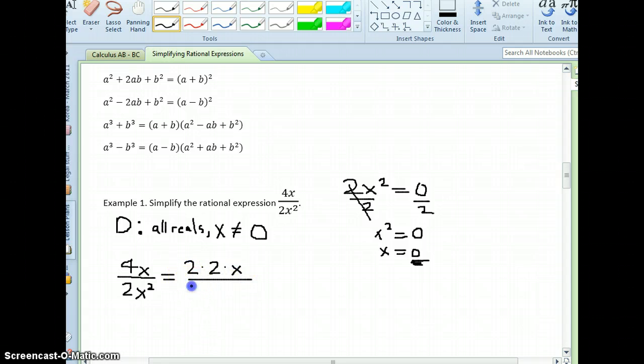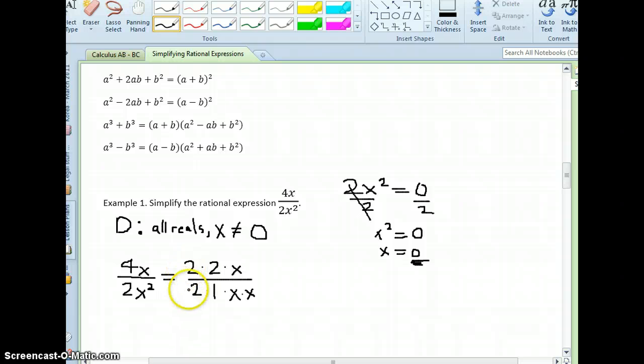In the denominator, 2 is already a prime factor, so I'm going to go ahead and use 2 times 1. And then x squared is the same as x times x. Writing it out this way makes it a little bit easier to see where the common factors are between the numerator and the denominator.